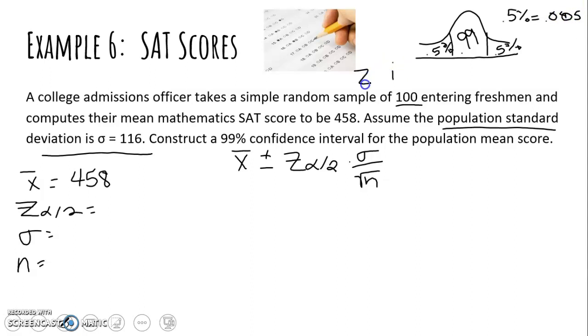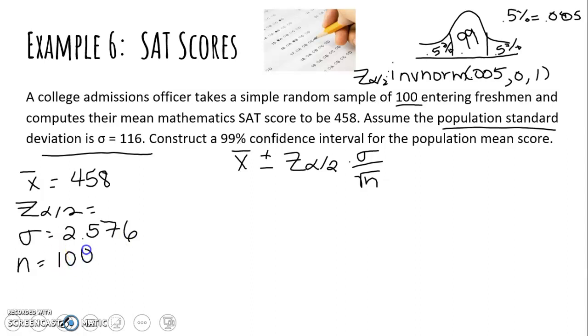So for our z, we're going to do INV norm 0.005. So let's calculate that in our calculators. You will type in second VARS, choose number 3, put in 0.005, and we get negative 2.576, but we're going to drop the negative off, and the sample size is 100.